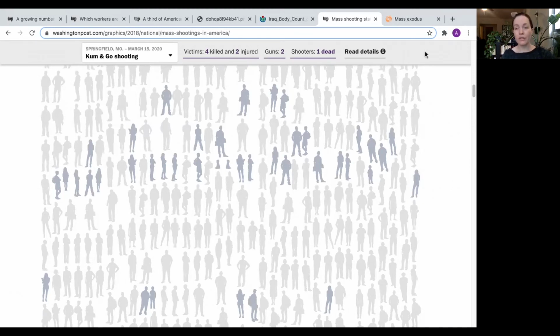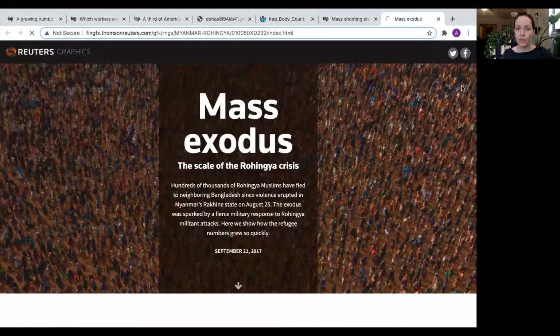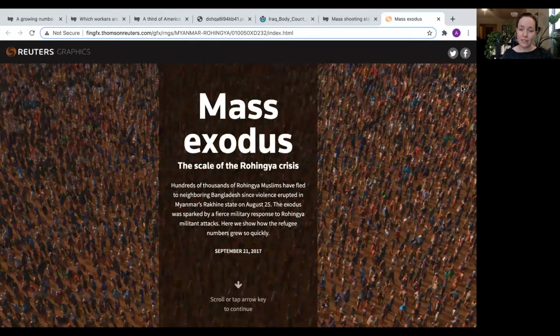However, you can also do this without going into sort of this artistic realm, where you are showing quantities in a way that we're maybe more accustomed to. An example of this that I really like is Max Exodus, the story of the Rohingya crisis when they were leaving Myanmar as refugees.